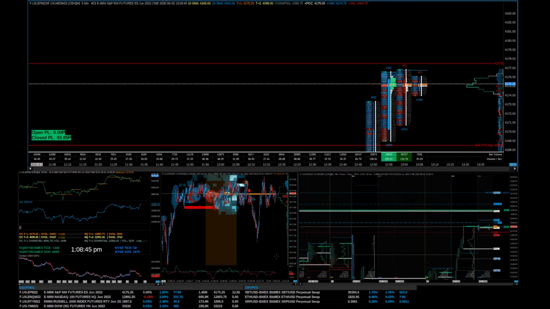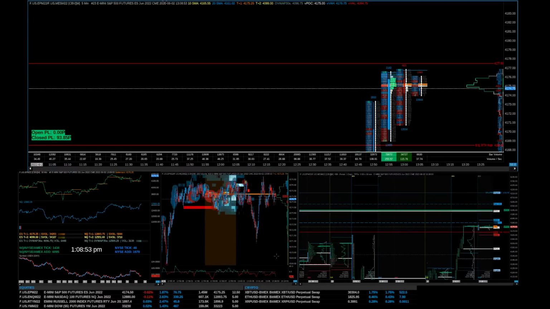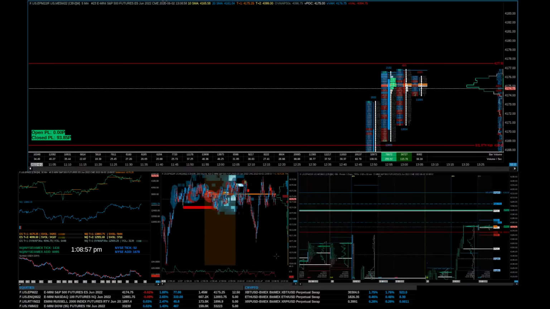Everything here is a standard Sierra Chart study. Now, I may have used combinations of studies to make it look pretty or to make a heads-up display, but nothing here is custom. It's not ACSIL or whatever it is. I don't know how to code. I could probably learn, but I don't code. I leave that to the masters.